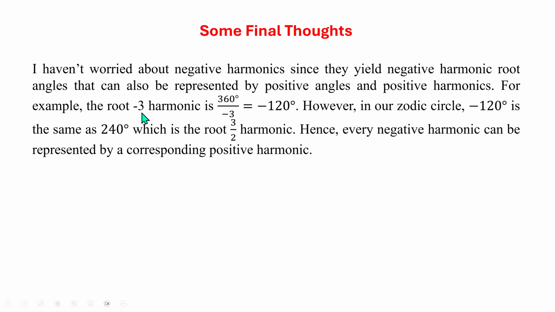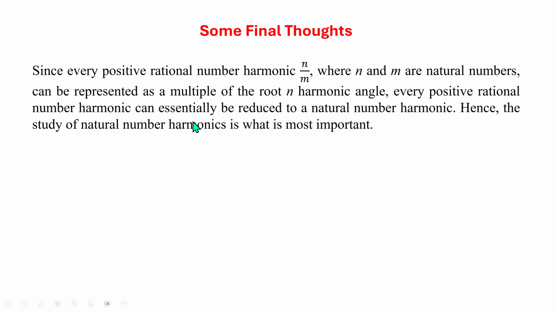For example, the root -3 harmonic is 360 degrees over -3, which is negative 120 degrees. However, in our zodiac, their circle, minus 120 degrees is the same as 240 degrees, which is the root 3/2 harmonic. Hence, every negative harmonic can be represented by a corresponding positive harmonic.